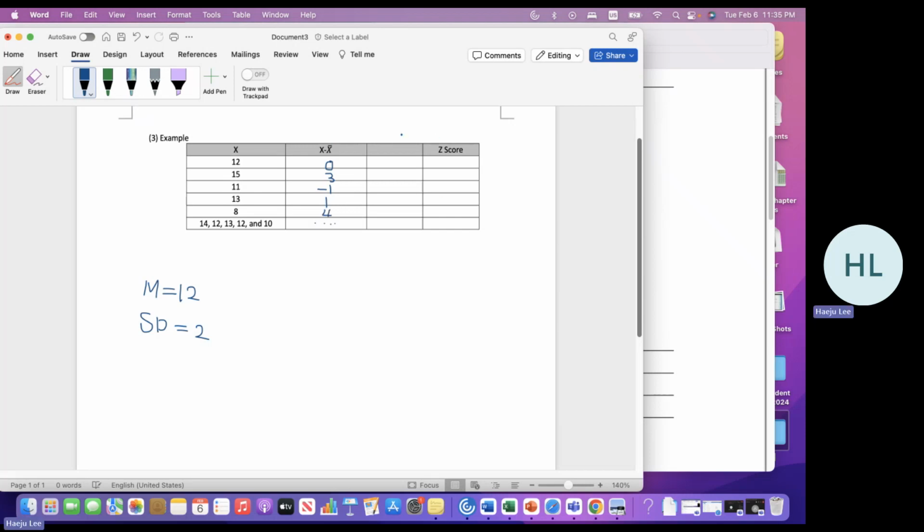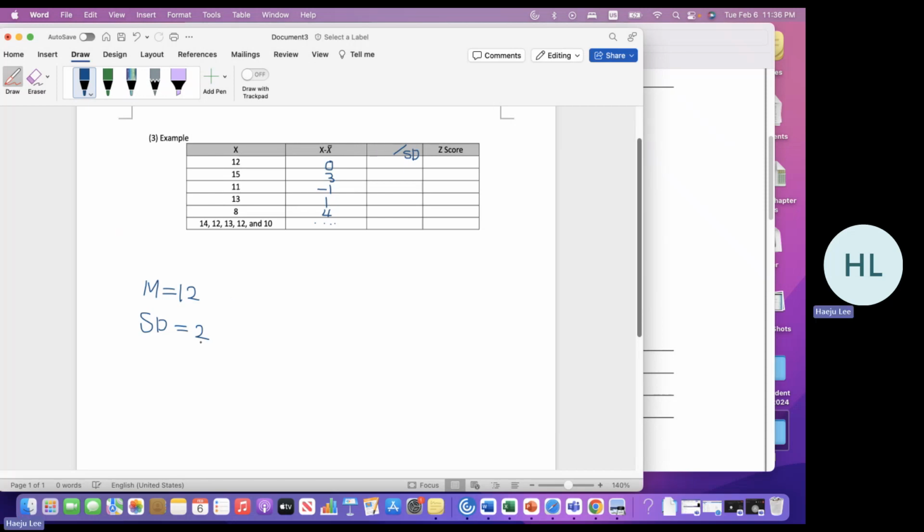So what is the second step? We need to take those numbers and divide by the standard deviation.